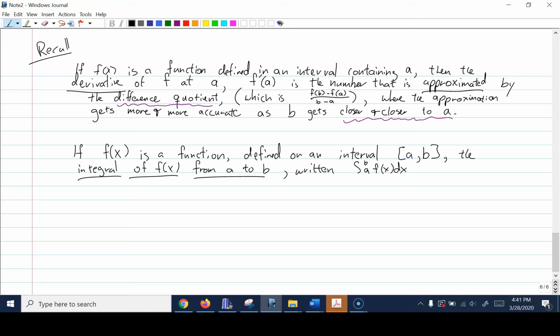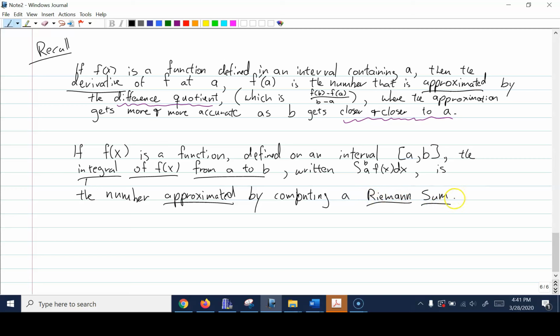The integral is the quantity, the number approximated by computing what's called a Riemann sum of the function over the interval.